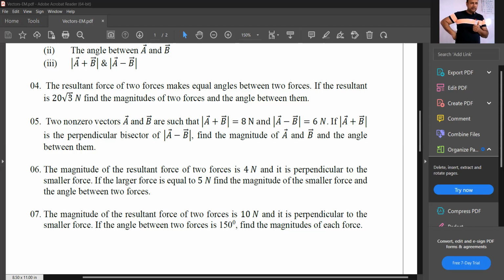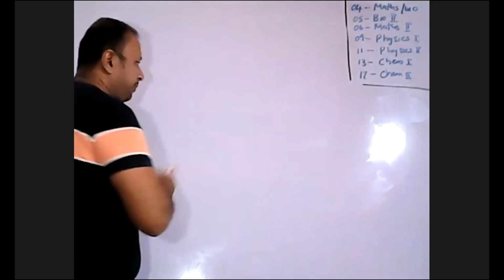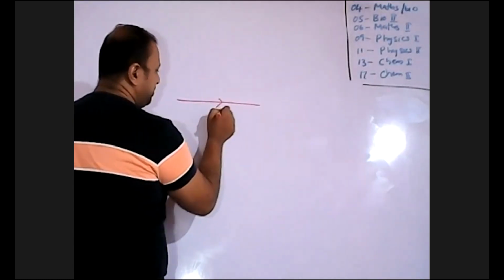Do they mean equal angles between every two? The resultant force of two forces makes equal angle with the two forces, that means the given two forces.